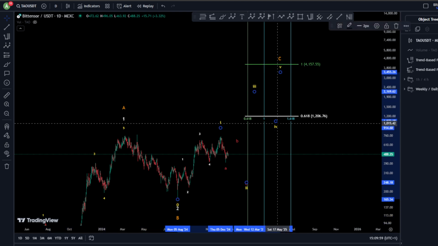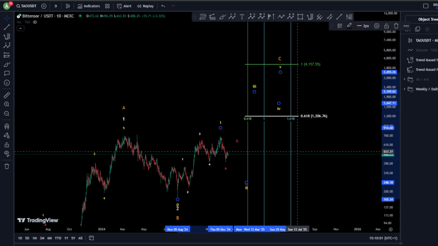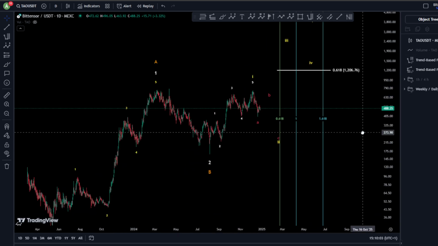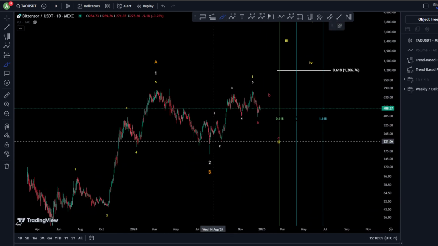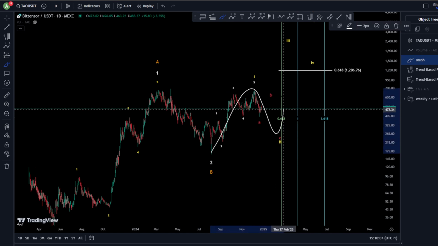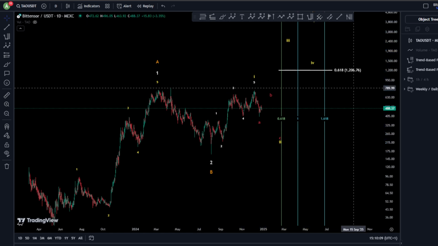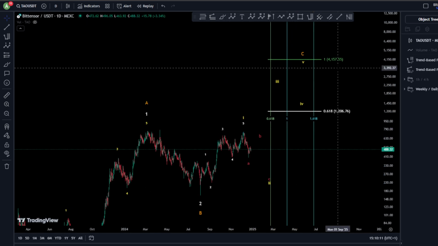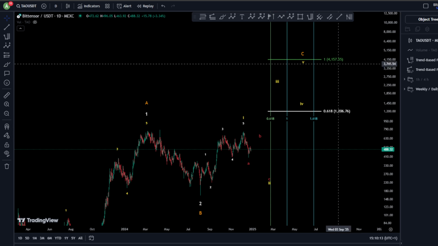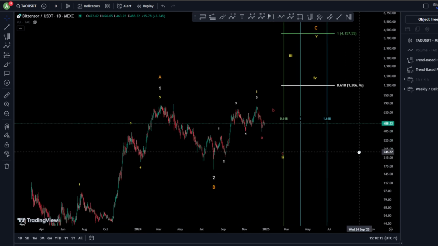It is 4,100, which is less than Ethereum if that happens for TAO. So basically, if this is a 1, 2, 3, 4, 5, you have a chance to hit the 1-to-1 fib level at 4,157 for TAO.